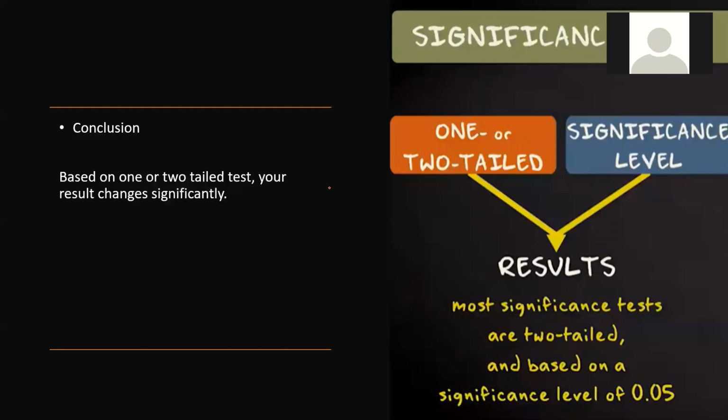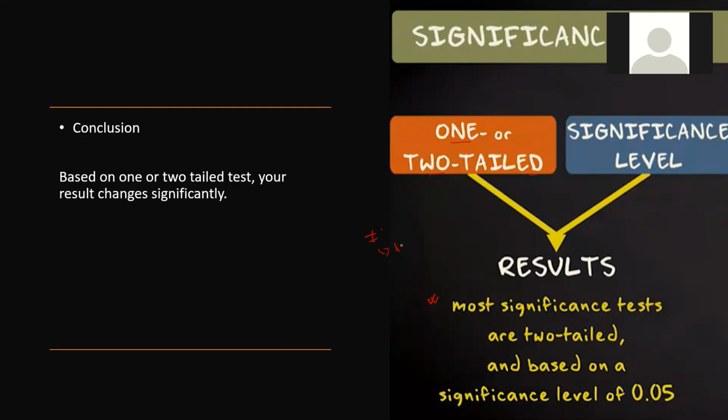So your conclusion varies depending upon whether you do a one- or two-tailed test. Most significance tests are two-sided. Generally we do a two-sided test because we don't know whether the population has scuba diving experience or not. So we simply use not equals and test the hypothesis.